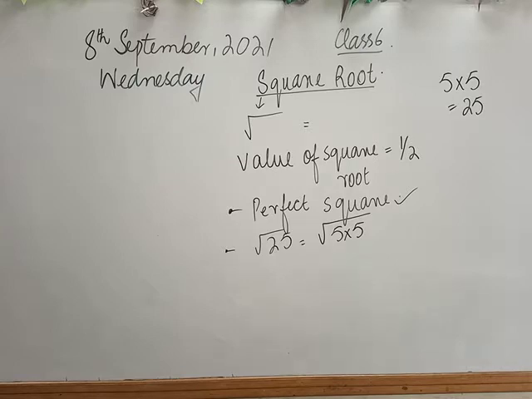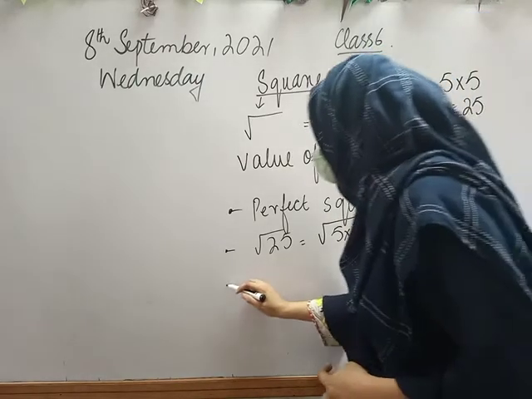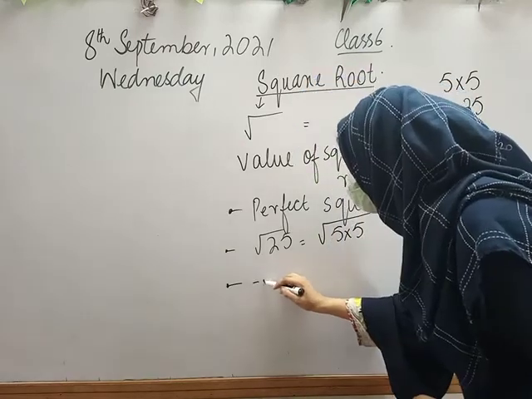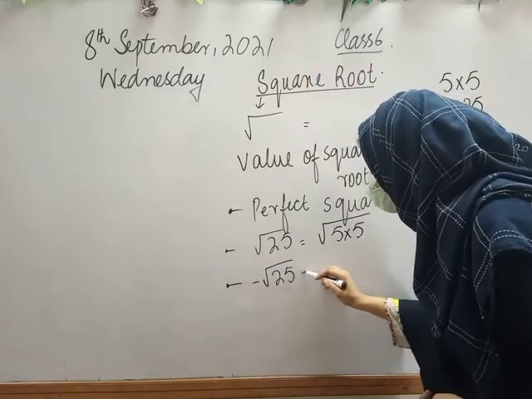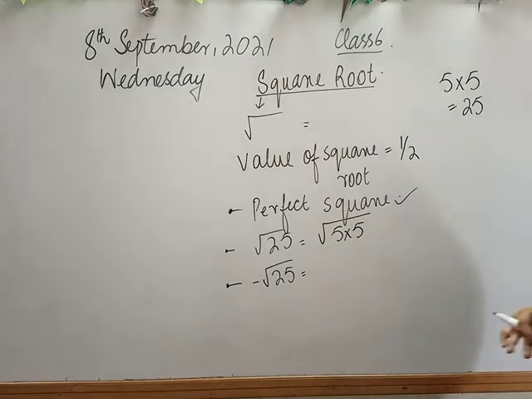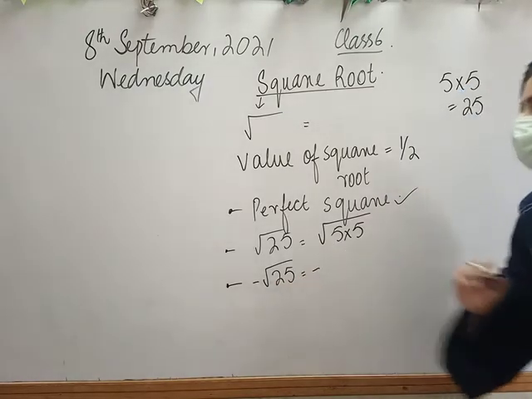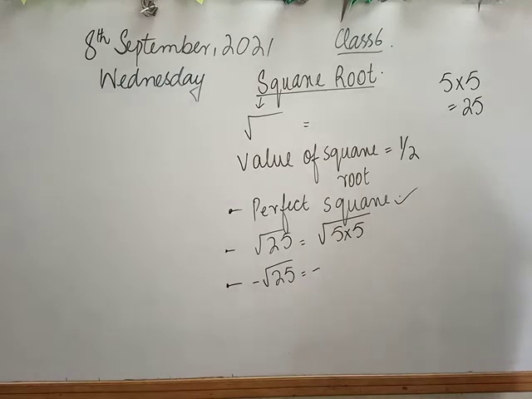Now there is another method. So there is another way to write negative number, which is like this. I will simply write negative sign here because negative is involved. Fine.